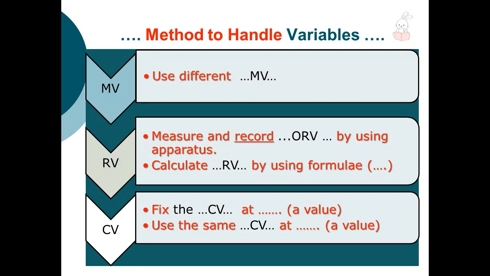We also can write calculate the RV by using formula. When we are using the verb calculate, we must include the formula in the answer. For the CV, the verb such as fix or use the same in the method to handle, together with the particular value.